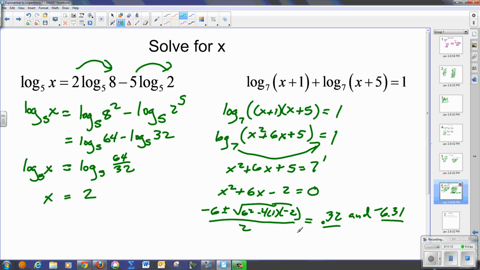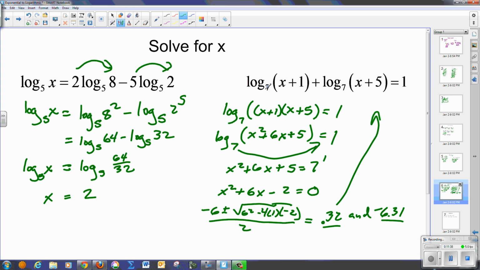Now let's investigate these a little. When I plug them back into my equation up here, the 0.32 is fine, but the negative 6.35 is not. That being because when I plug that in, what power of positive 7 equals a negative 1 point whatever, or a negative 5 point whatever when I come over to this side?